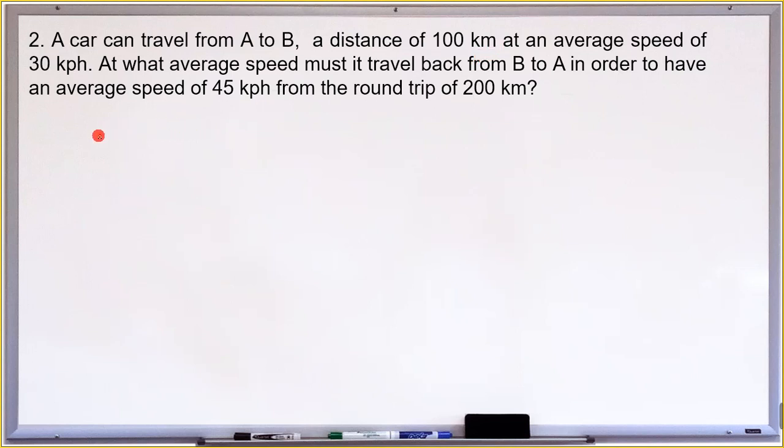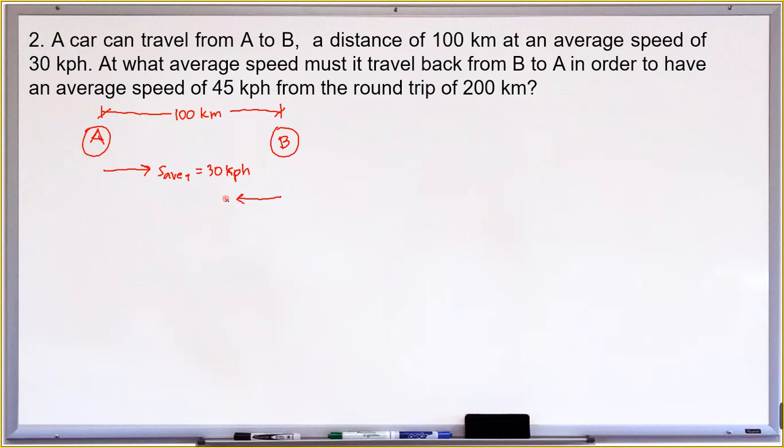So, ang scenario ani is that we have point A, point B, the distance of these two positions is 100 kilometers. Now, nitravel siya from A to B at an average speed, S average 1, that is 30 kph. Sunod, ang ipangita nato is ang average speed niya pagbalik.